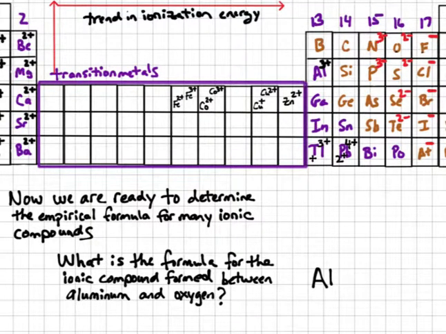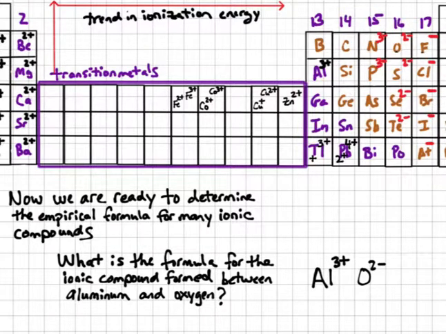Well, we know from the periodic table that, looking up at column 13, aluminum, based on its 3 valence electrons and the fact that it's a metal, can give those 3 up to form a +3 charge. Oxygen with 2 empty valence spots will gain 2 electrons to become 2 minus.